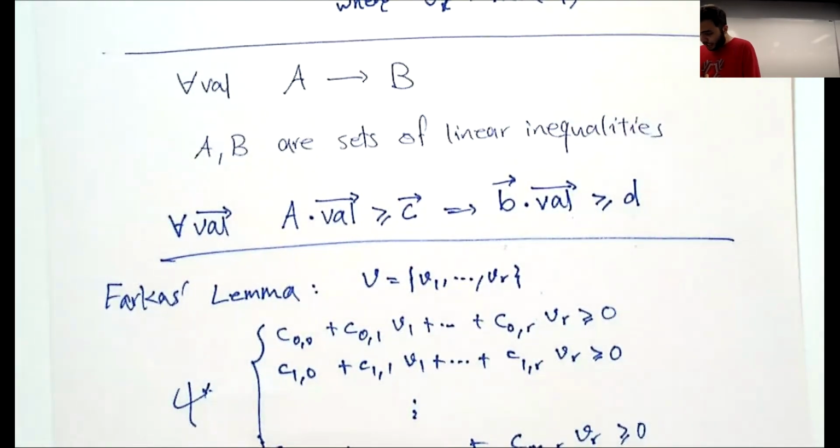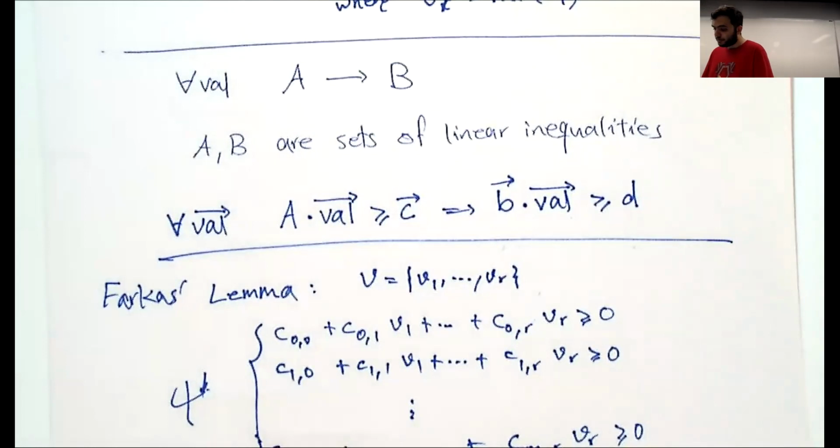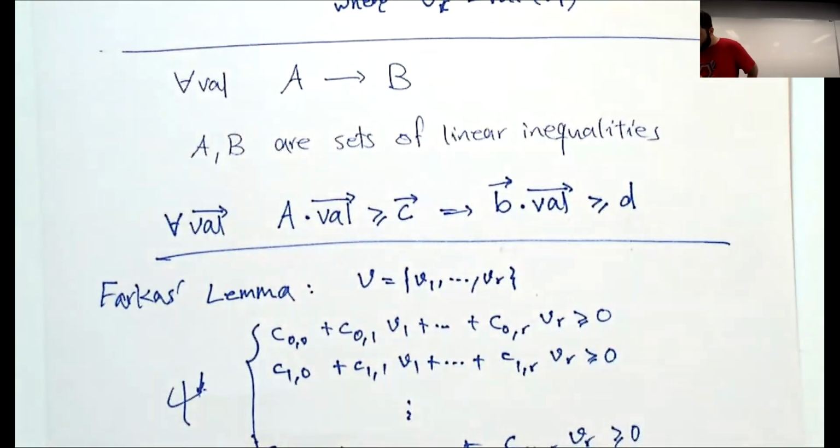Okay, and let's say that I have another inequality, which I call phi. And let's say that phi is of the form D00 plus D01 V1, so on to D0R VR is greater than 0. So I have a bunch of linear inequalities and I have one extra linear inequality.